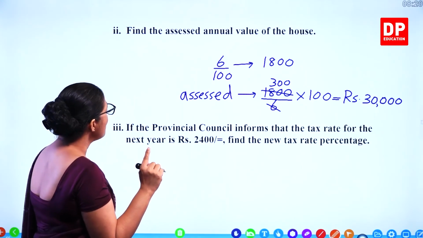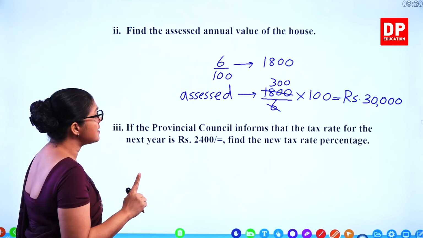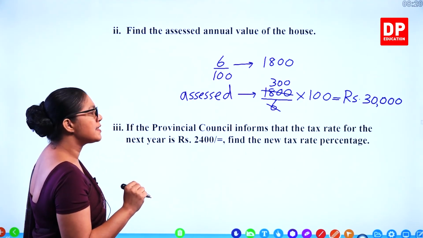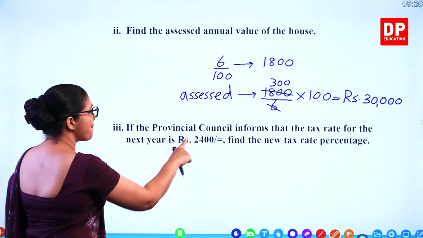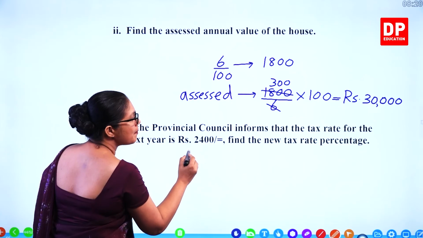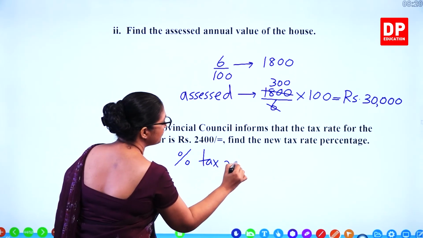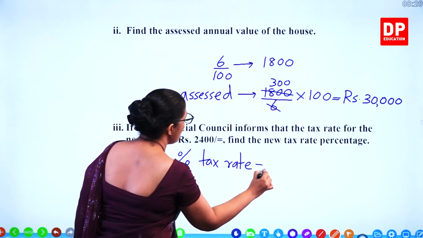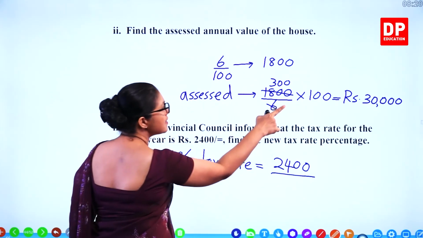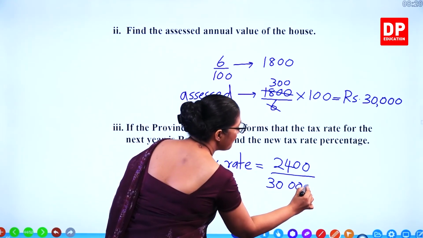Then if the provincial council informs that the tax for the next year is 2,400, find the new tax rate percentage. So this is the amount for a year. So what's the percentage tax rate? You have to pay 2,400 for the assessed value of 30,000 rupees.